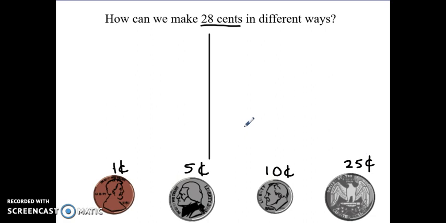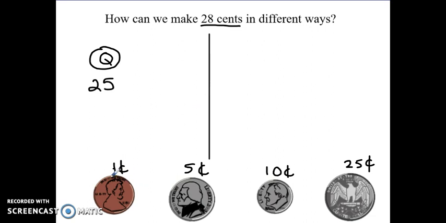So one way to start is by looking at the largest coin that we can use within 28. We can use a quarter because 25 is less than 28. So if I start with 1 quarter, that gives me 25 cents. Now I need 3 more cents to make 28.